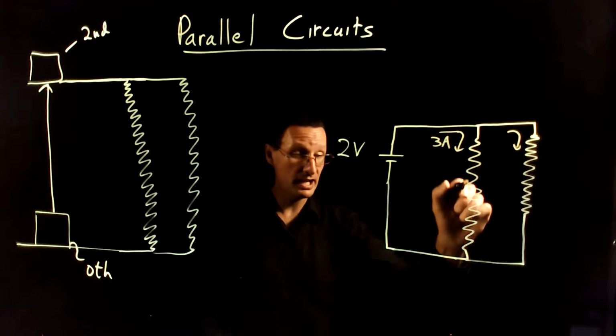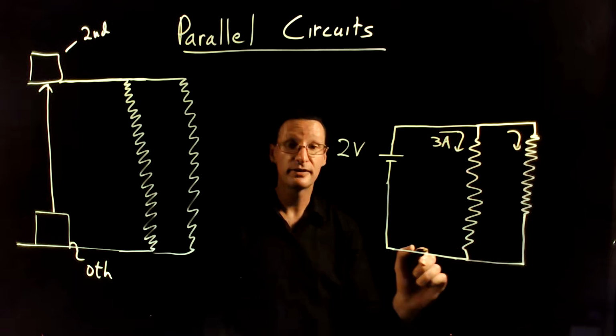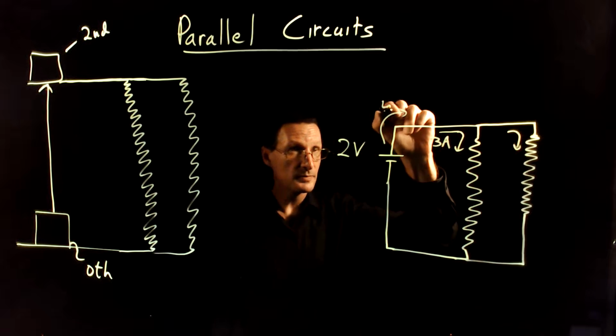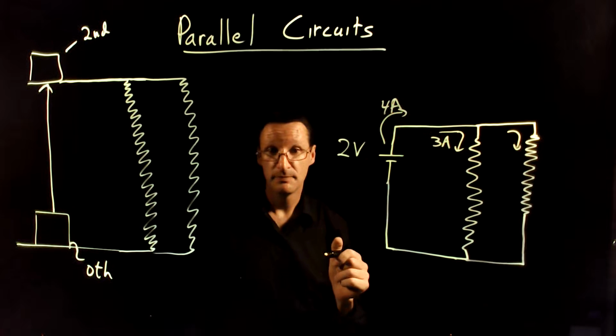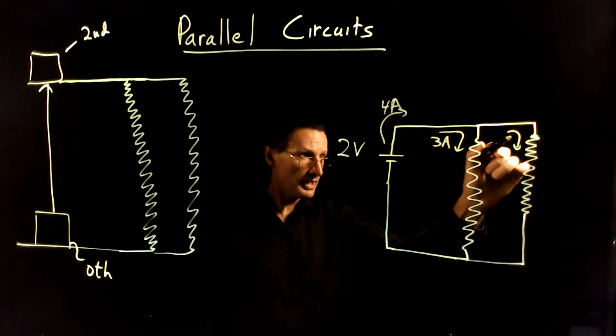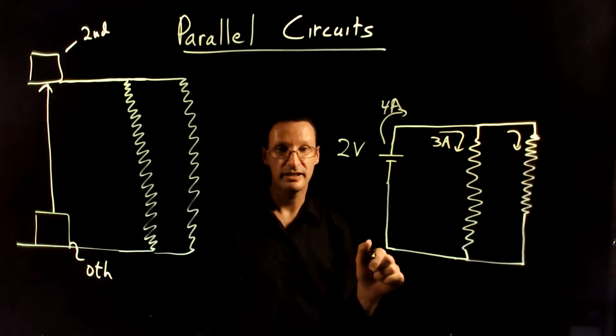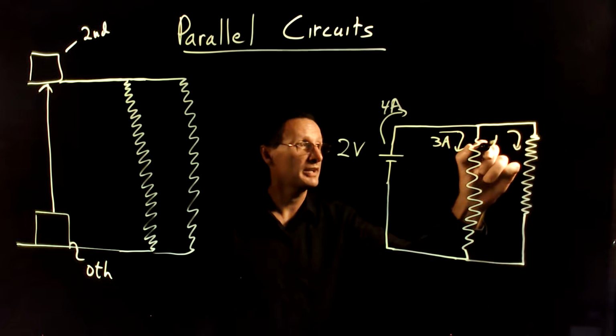So that's 3 amps of current going down this first resistor. If 4 amps came out of the elevator, then how many must go down this second, farther staircase? Well, it's got to be 1 amp, right?